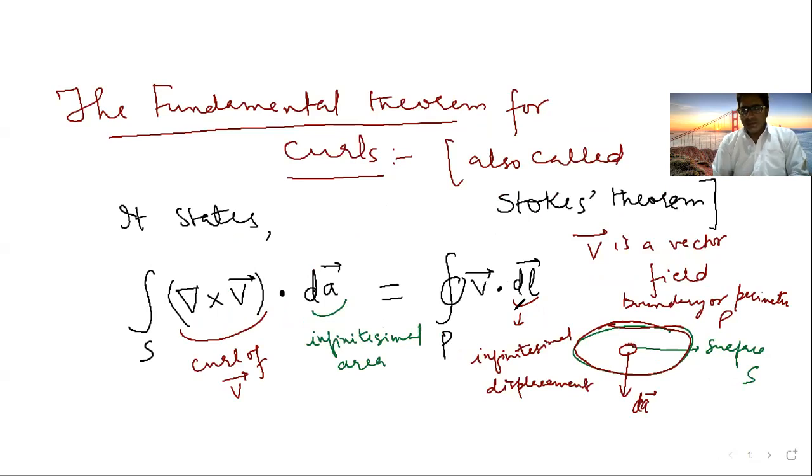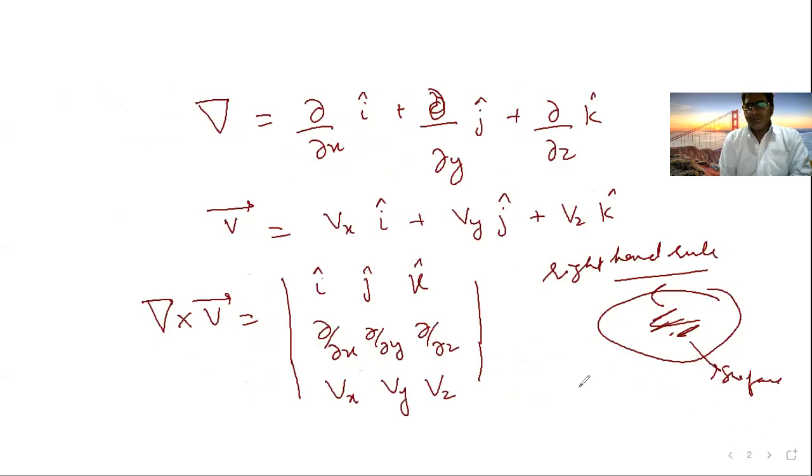So remember this. This is the relation between the direction of dA and the direction of travel while calculating the closed line integral on the right hand side of this theorem, right? One more thing you need to remember.